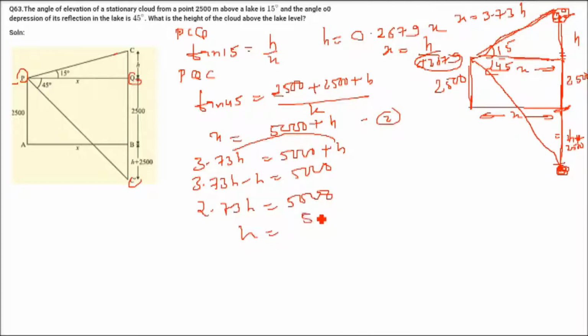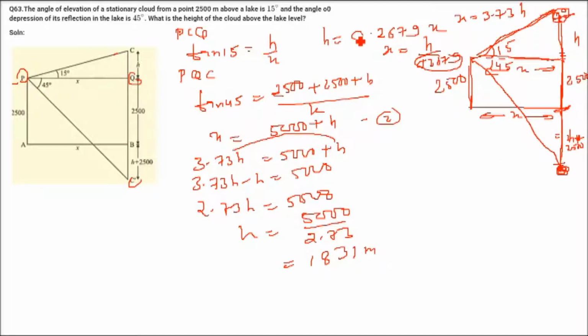So what will be h? 5000 divided by 2.73. Computing it, this is going to be 1831 meters. So h is 1831.